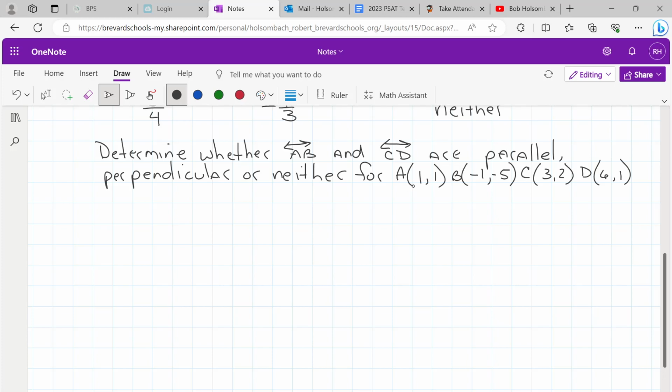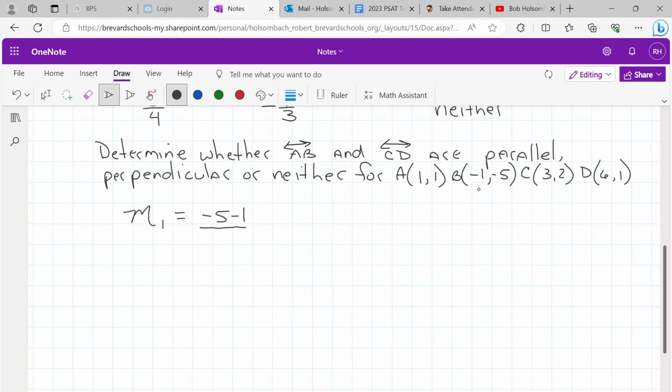All right, so what you've got here is two lines with 2 points each. So we need to find the slope of line 1. So the slope of AB, I'm going to call AB line 1. So I'm going to go m sub 1 is equal to y sub 2 minus y sub 1, so -5 minus 1.